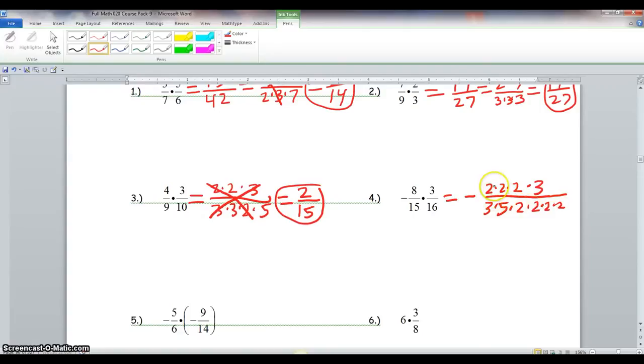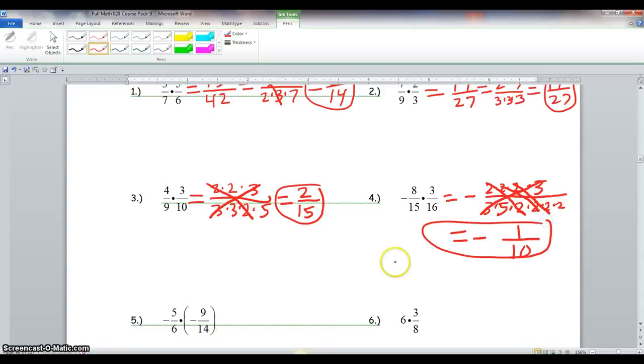Now, we simplify this out. We have three 2's in common, and we have one 3 in common. So our final answer would be negative, our numerator would be 1, and our denominator would be 5 times 2, which is 10. So it's negative 1/10.